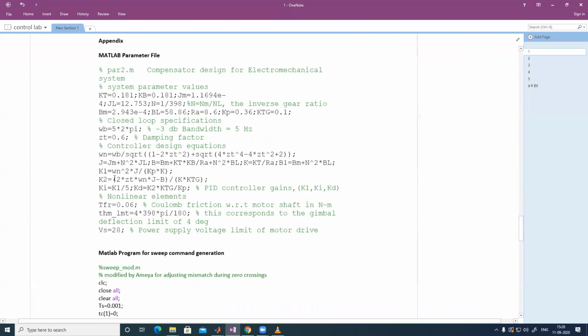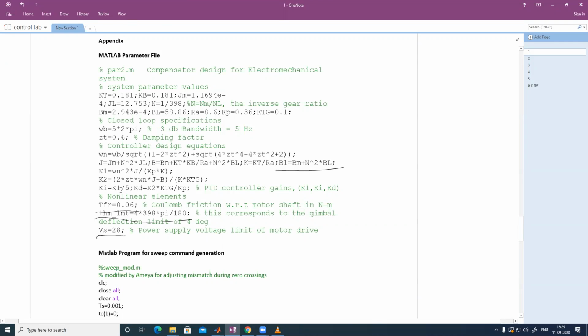This is the parameter file, and this change is B1. B1 is this one, and VS is this one, theta limit is this one, TFR, everything is given there. This parameter file is the earlier parameter file with just some modification.